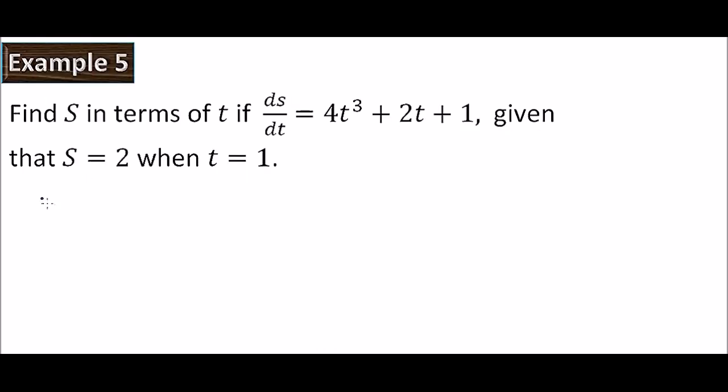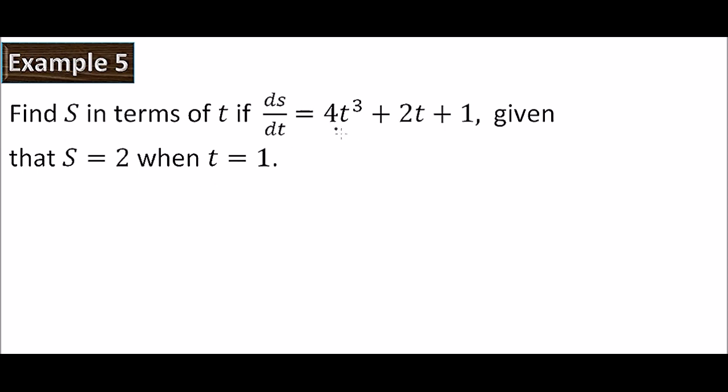So in example 5, find s in terms of t if ds over dt is equal to 4t cubed plus 2t plus 1, given that s is equal to 2 when t is equal to 1. So in this case also, we will be able to find our constant c, because we have been given some extra information, s is equal to 2 and t is equal to 1.